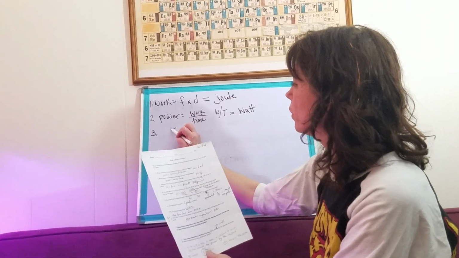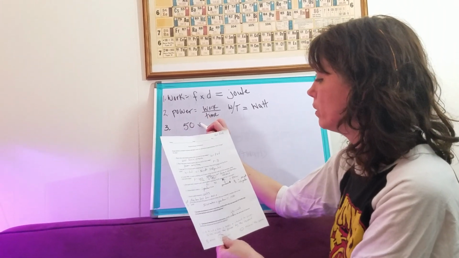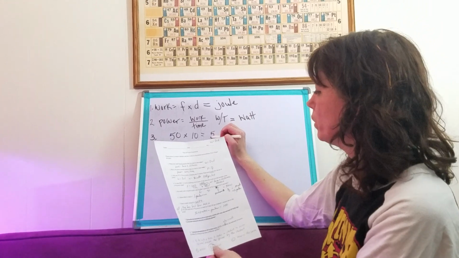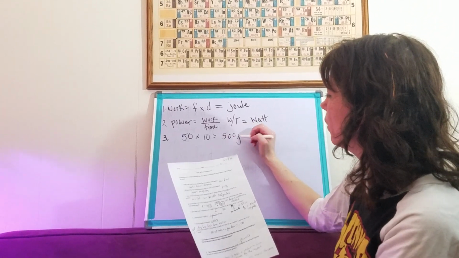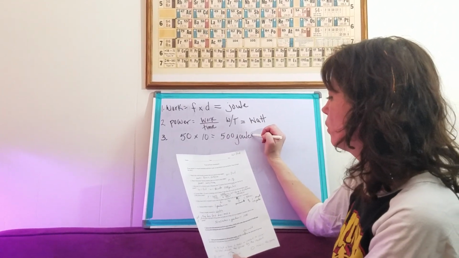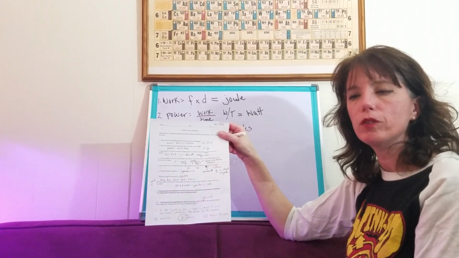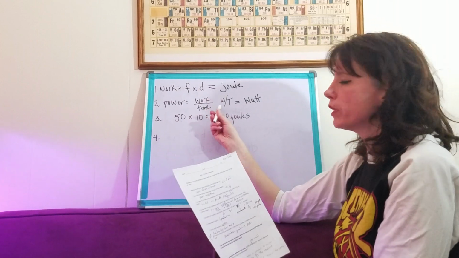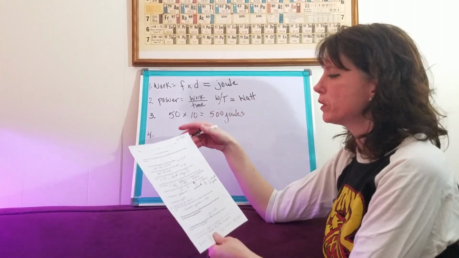So it's simply going to be 50 times 10. The amount of joules you would need would be 500 to push that shopping cart 10 meters. Now I am writing the answers. You should, of course, be writing in a complete sentence.